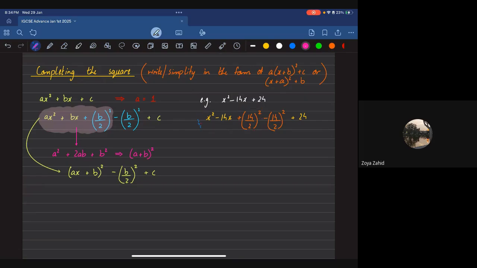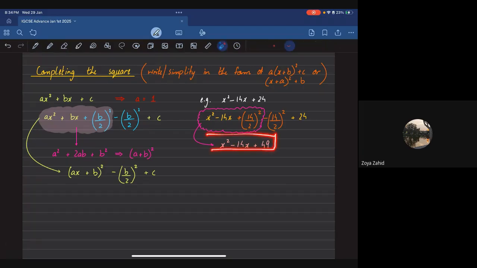If I simplify this individual part alone, it is going to look like x squared minus 14x plus 7 whole squared. So it is going to be plus 7 whole squared, or you can even write 49. That is up to you. Okay, let's write 49, because 14 over 2 is 7, and that whole squared is 49.